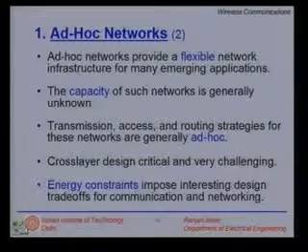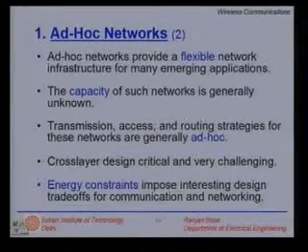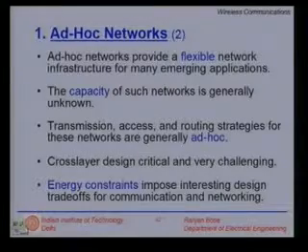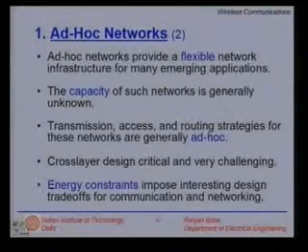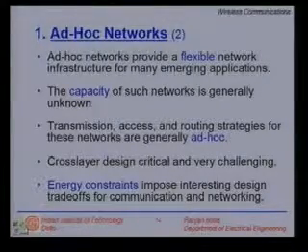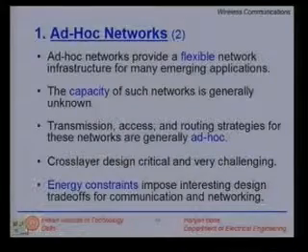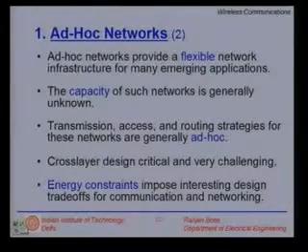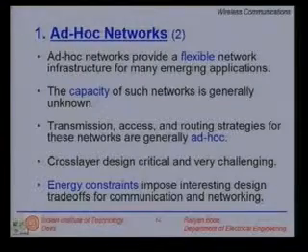So there is no one formula that fits all ad hoc scenarios. It has to be adaptive. Cross-layer design is critical and very challenging. That is physical layer, network layer, transport layer. And of course, energy constraints impose interesting design trade-offs for communication and networking, because we are making each one work as a router.